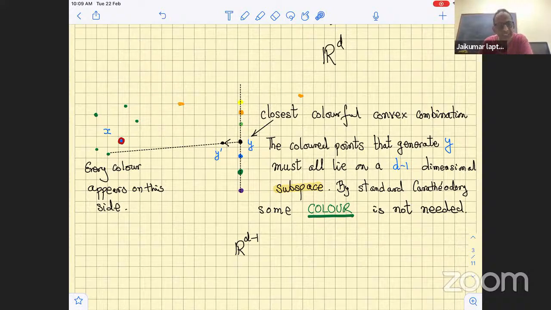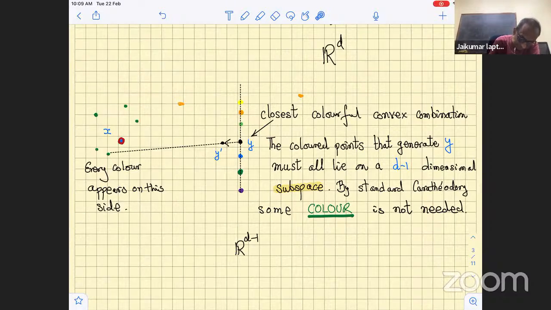Because you are inside this D minus 1 dimensional space. So fix that. This y can be generated using everything, and there is no weightage on this dark green. But this point x was a convex combination of dark green points. It was in the hull generated by the dark green points.